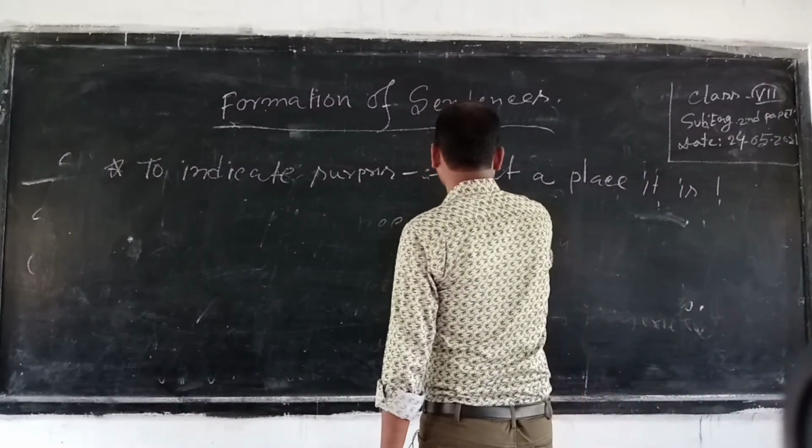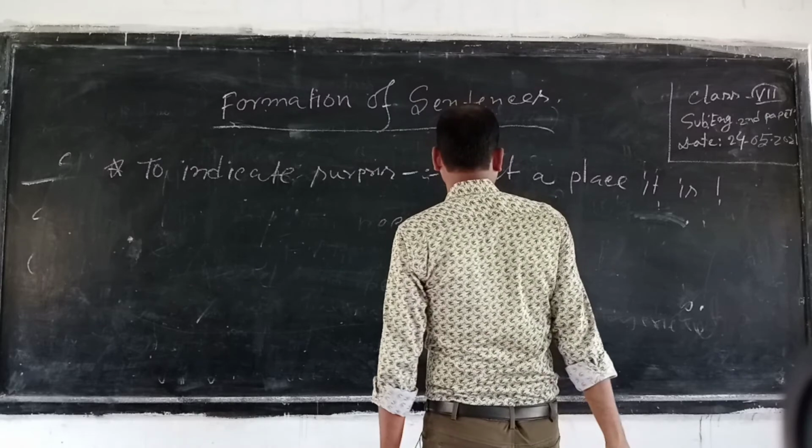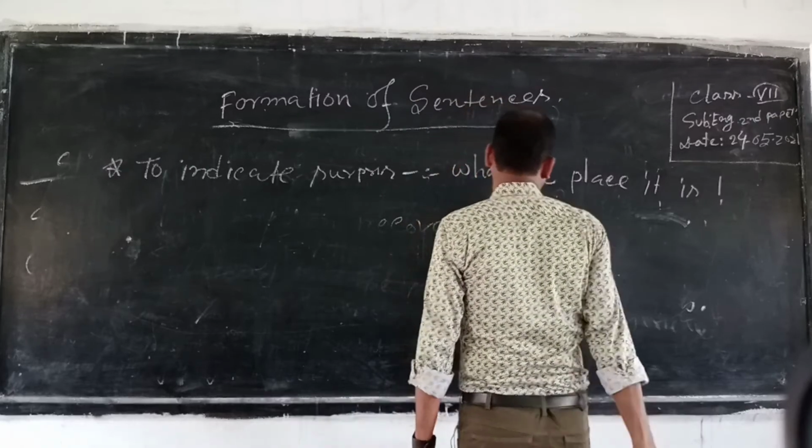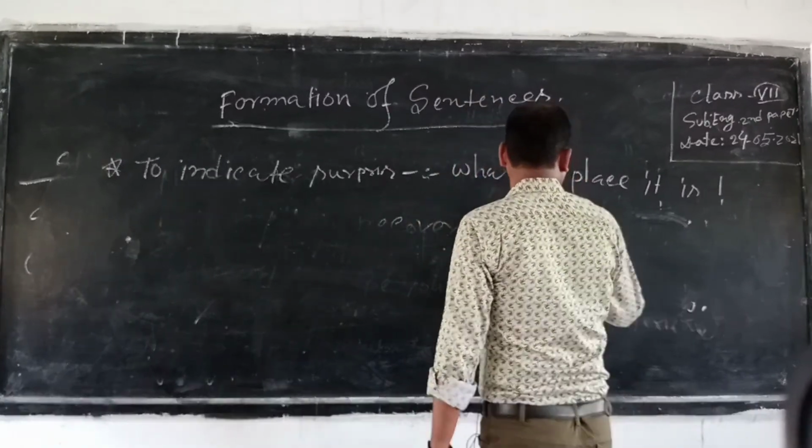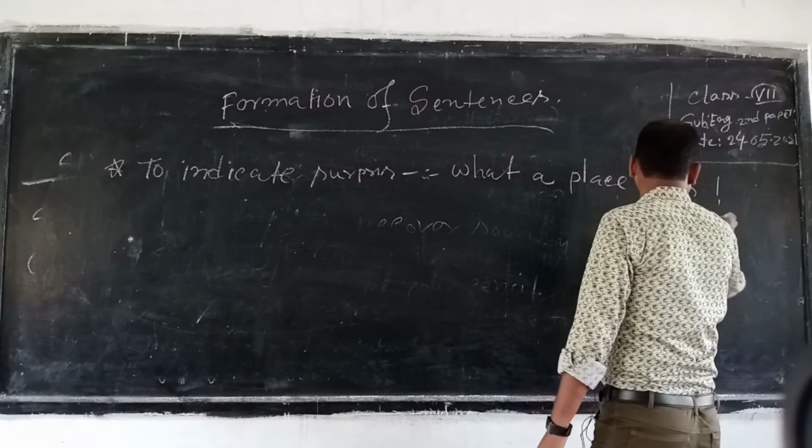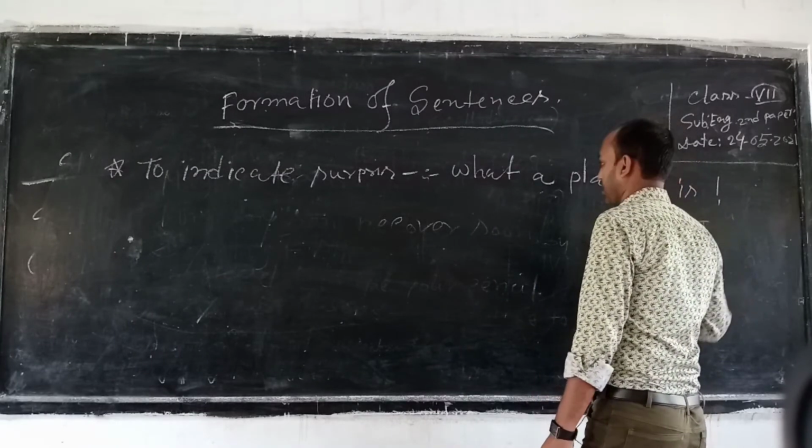To indicate surprise, we can use what at the very beginning, then article, then noun or pronoun, then auxiliary verb, then note of exclamation.